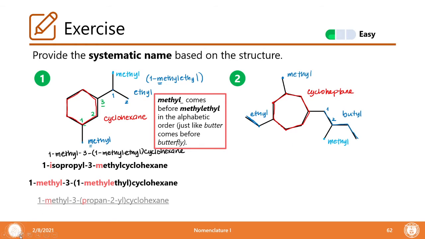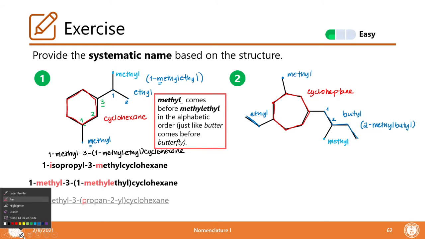So this total complex substituent is 2-methyl butyl. Let's try arranging it in order.